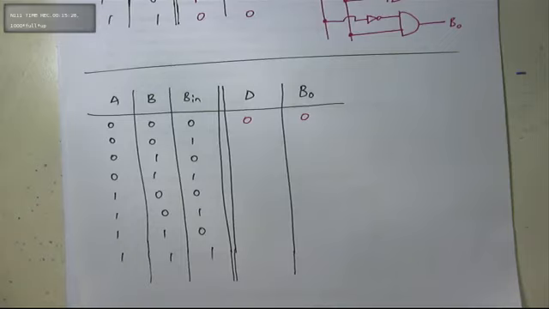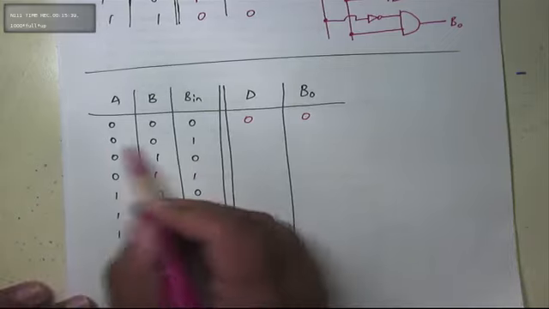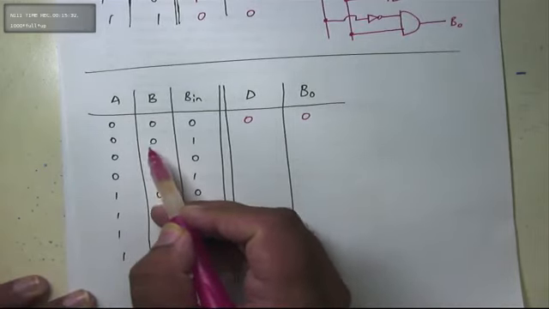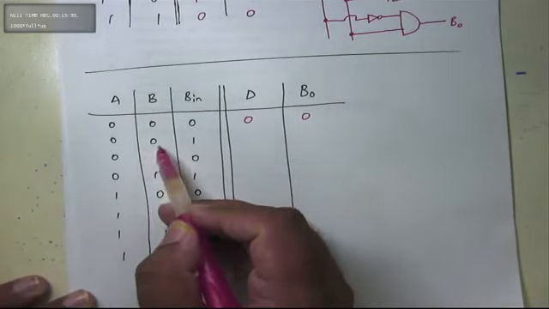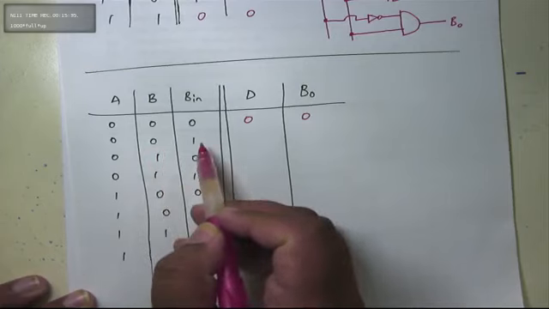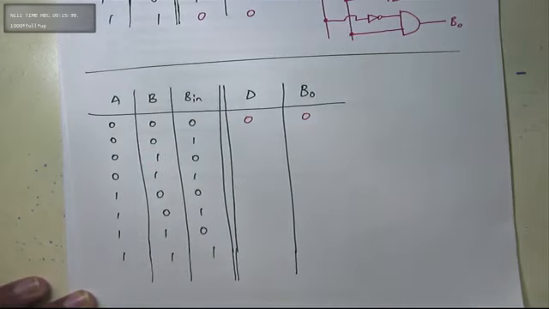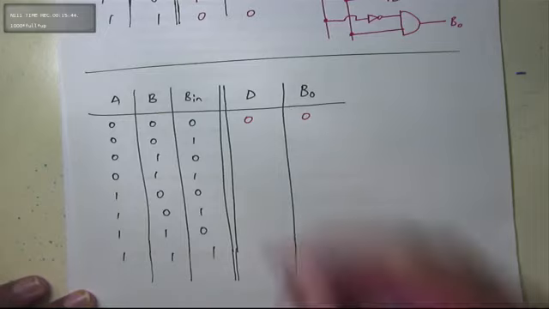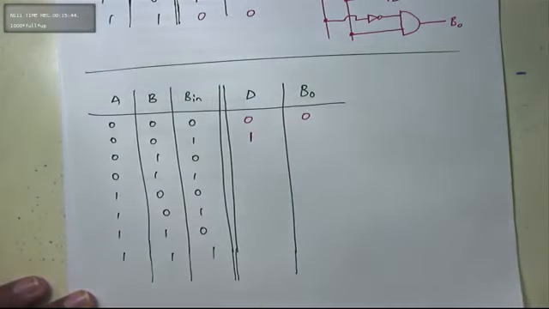Alright? Okay, so same thing goes over here. 0 minus 0, A minus B is 0 minus 0 is equal to 0. 0 minus 1, interim answer minus 1 gives you, let's remember our rules. What are our rules? 0 minus 1 gives you a 1, right, with a borrow of 1. That's how you do this. Okay?